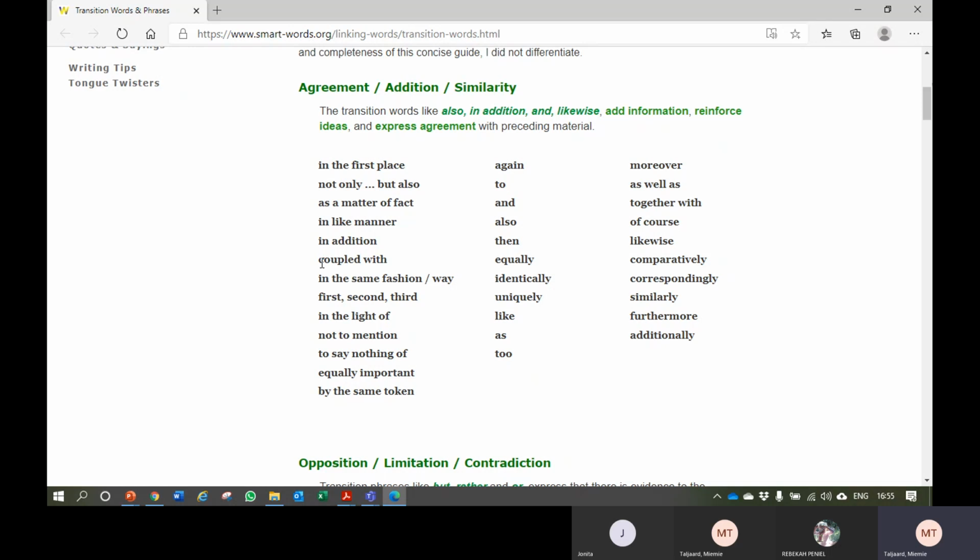Poverty coupled with a lack of anger management can lead to... that is when we have agreement or addition or similarity. In addition to his alcoholism, he also had a bad self-image.